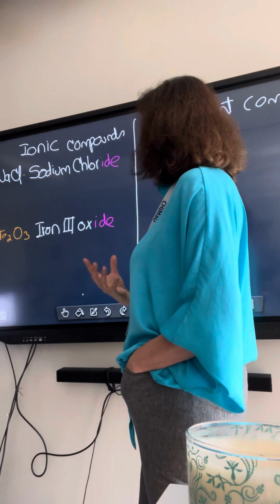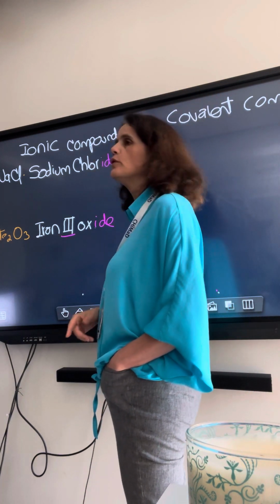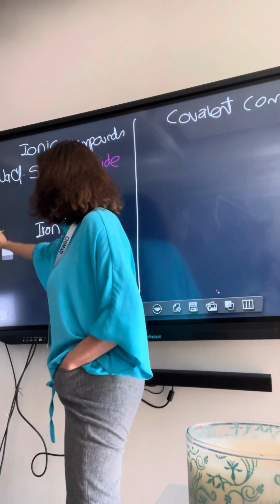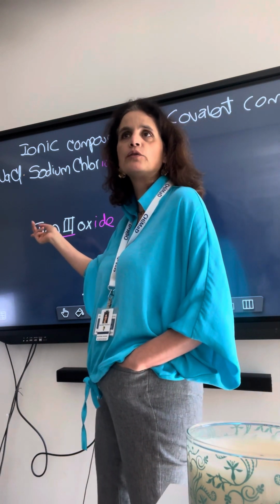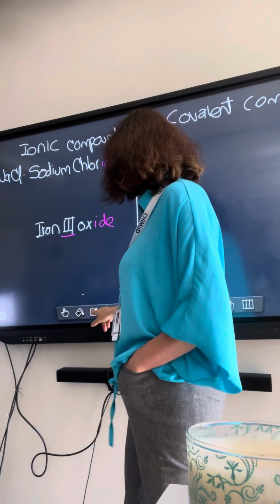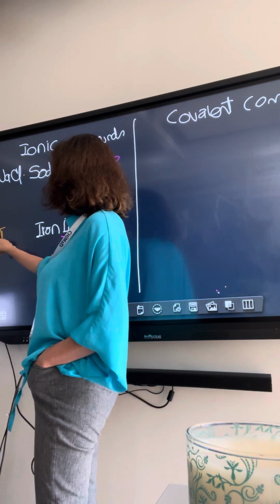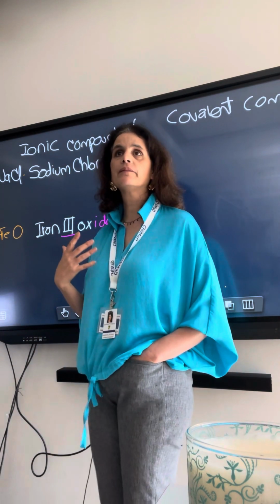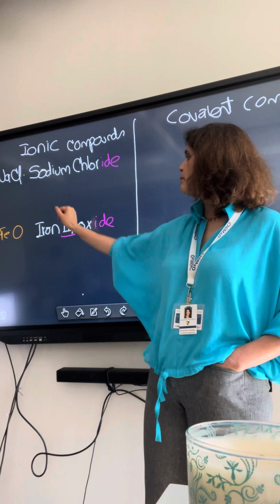So if I know I'm dealing with a transition metal, I have to use the Roman numeral because you have to tell the person. There's no way I could write that if I didn't have that 3. I don't know if it's iron(II) or iron(III). If I had to write that compound, I would know it has an iron and an oxygen because of iron(III) oxide.